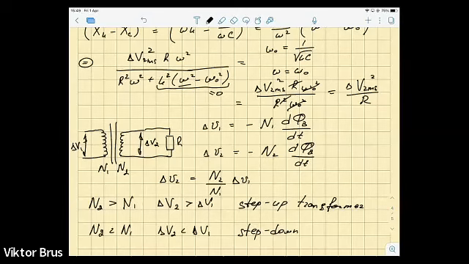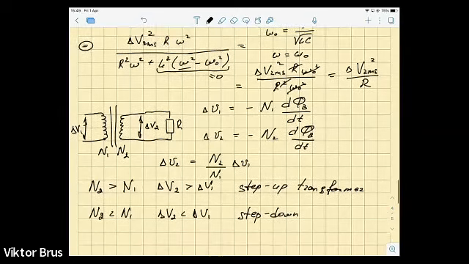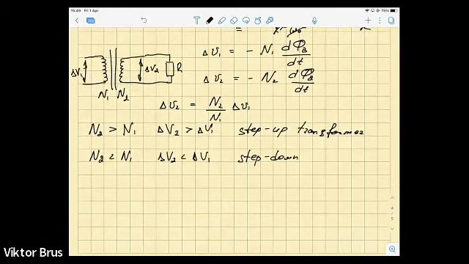The important moment to highlight is that the power in both primary and secondary coils should be equal, assuming that the efficiency of the transformer is 100%.